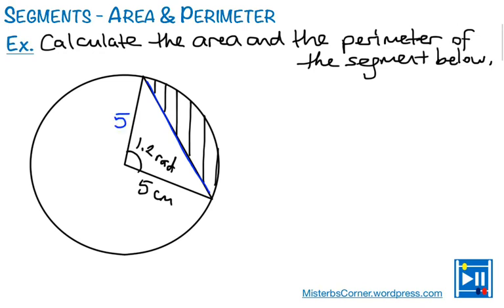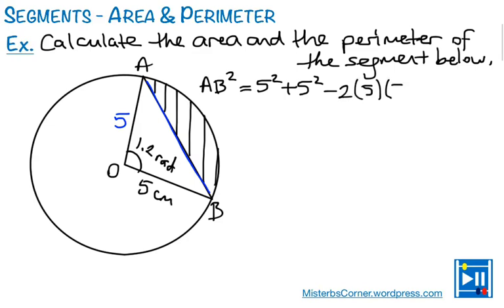So if we go like this is A, this is the center, this is B, for the length AB, the square of it will be 5 squared plus 5 squared minus 2 times 5 times 5 times cosine. Now, the radian measure is given as a decimal, which is totally okay. You just write it here.